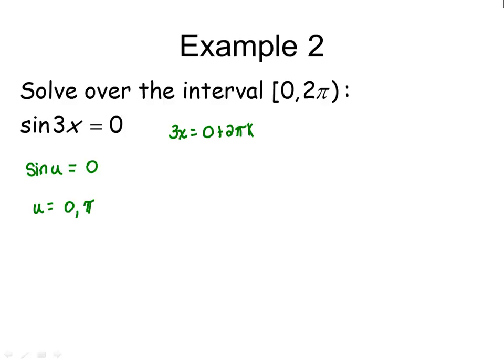But we don't want 3x. What do we want? We want just x, so what are we going to multiply 3 by? 1/3. So x is equal to 2 pi k over 3, okay? Right? Because 1/3 times 0, that's nothing.